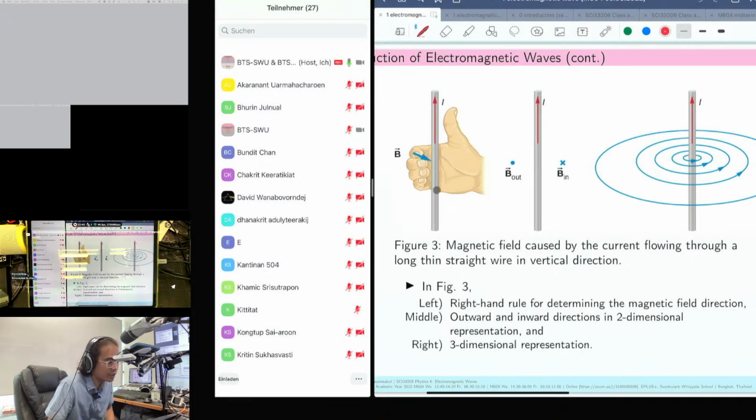But if we draw it in a two-dimensional figure in a plane like this, on the right side of the current, we're going to use the x sign, or the multiplication sign, to represent the rear part of the arrow. As you know, magnetic field is a vector quantity. It should have its own direction, right?